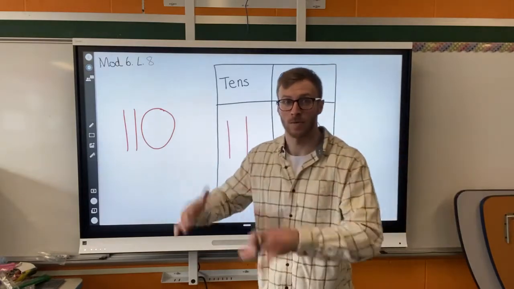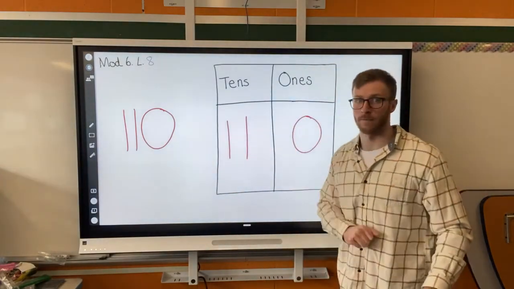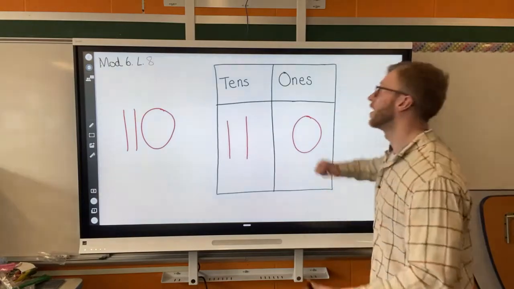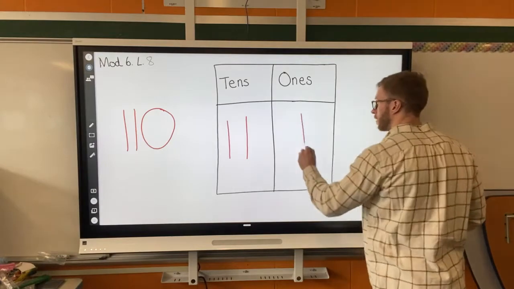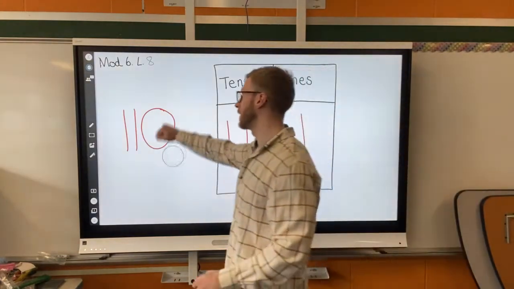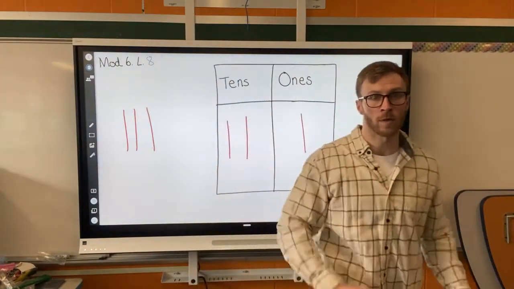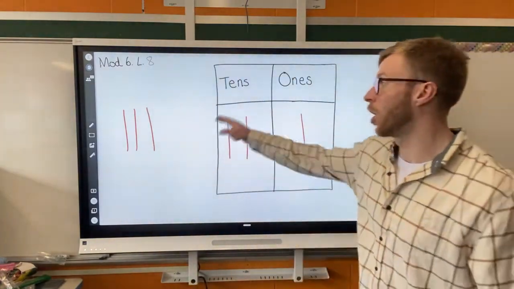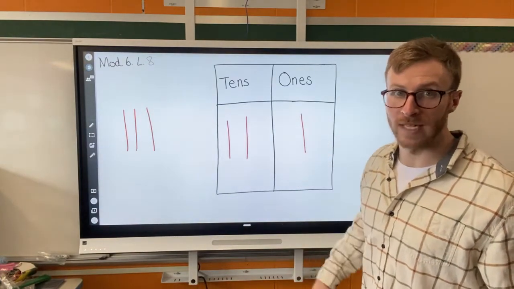So that's 10 groups of 10 plus this one group of 10 to make 11 groups of 10. Okay? And then if we add a 1 here, now we have the number 111, right? Because 111 is 1 more than 110.